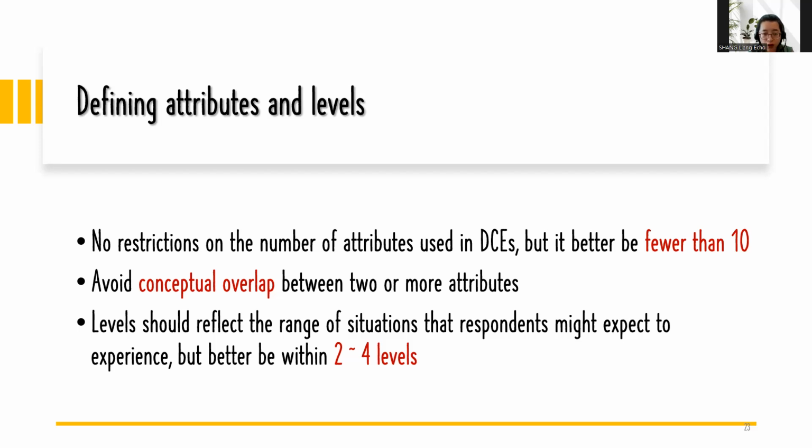So to make their job easier, and to make sure that you can capture the most authentic, accurate responses from your participants, the attribute levels should be within 2 to 4 levels. Also, when we develop levels, we should make sure that those levels reflect the range of situations that the respondents might expect to experience in a real life setting.